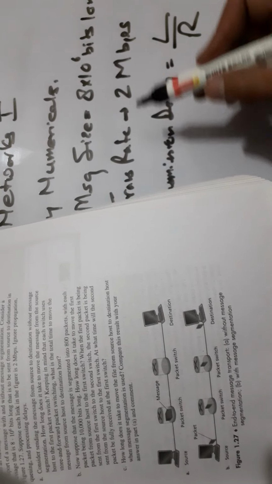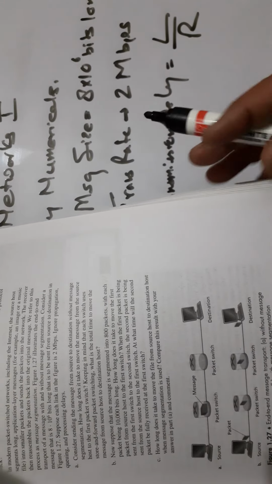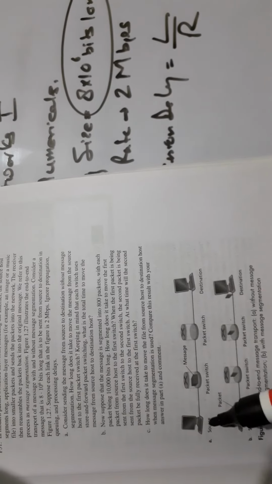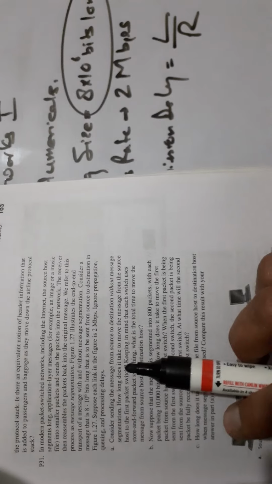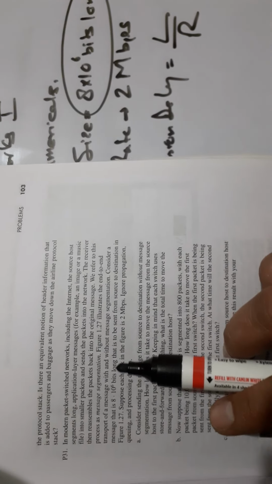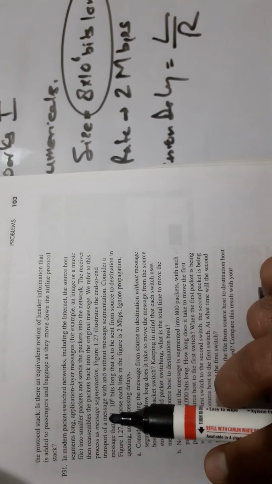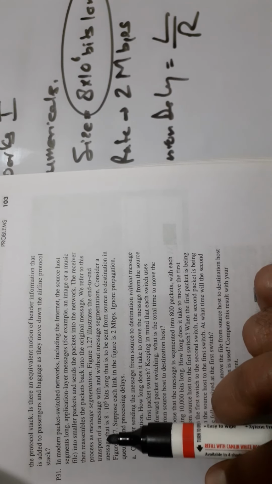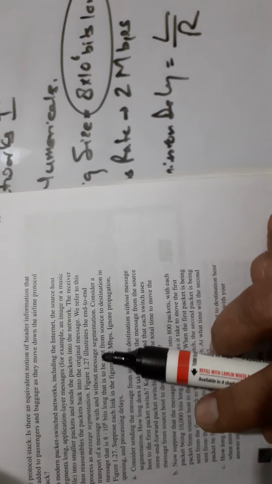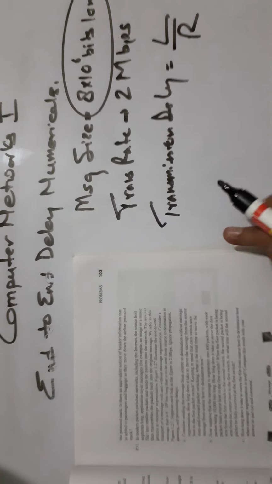The transmission rate of all these 3 links is 2 Mbps, and the message is 8 into 10 to the power 6 bits long, and you have to send this message from this point to this point in 2 ways. It is mentioned in the question that you have to transport a message with and without message segmentation. So we will discuss and solve this particular question.